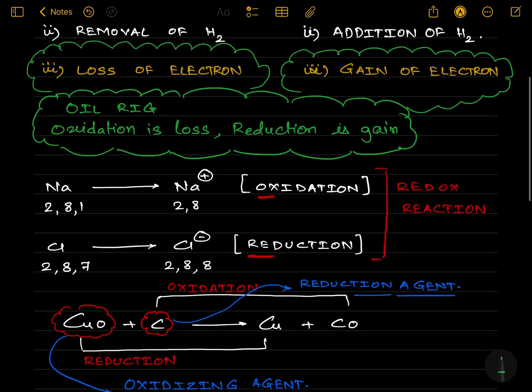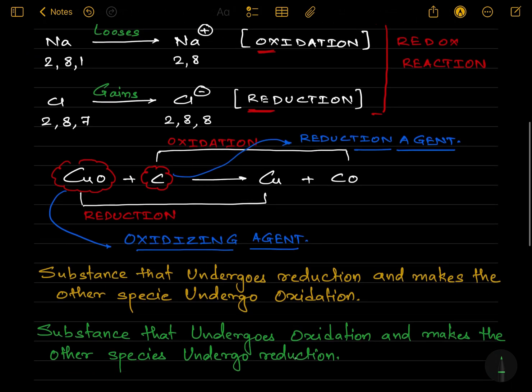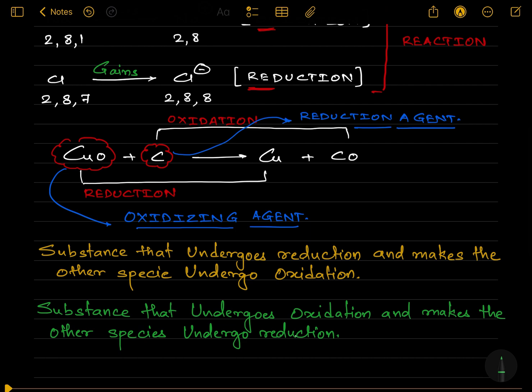If I take a very basic example, Na gets converted to Na plus. That reaction is oxidation because Na is losing an electron, whereas chlorine is gaining an electron, and because it is gaining an electron, this process is referred to as reduction.